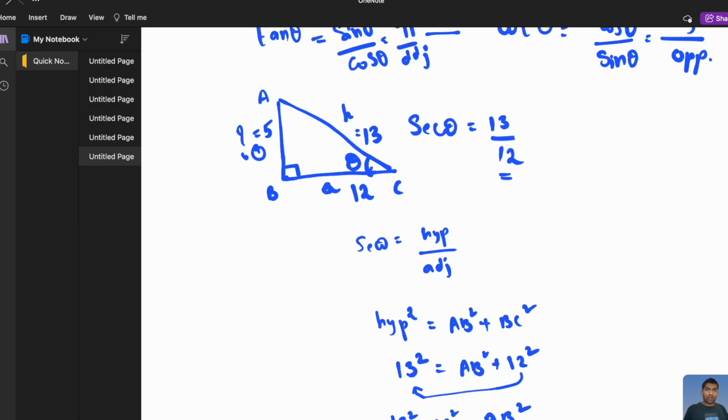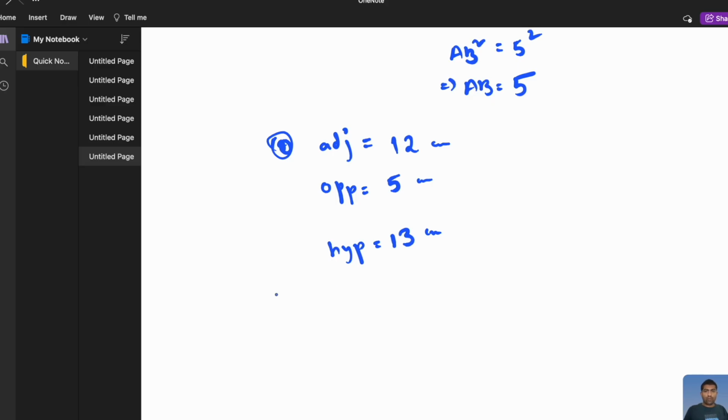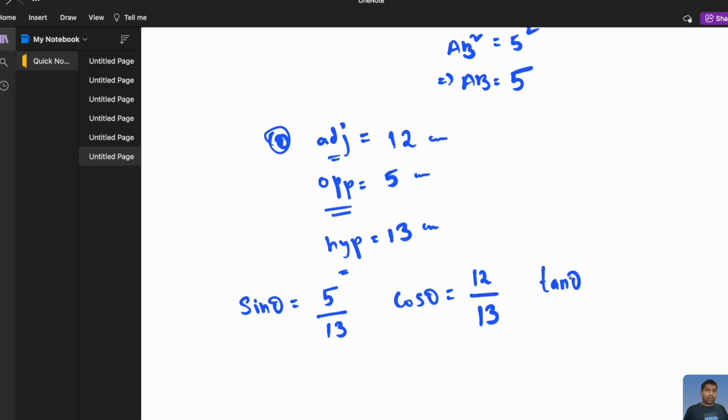Now let's calculate all the trigonometric ratios. First, let's start with sin theta. Sin theta is nothing but opposite by hypotenuse. Opposite is 5, hypotenuse is 13. Cos theta is adjacent by hypotenuse. Adjacent is 12, hypotenuse is 13. Tan theta is sin theta by cos theta, that is opposite by adjacent, 5 by 12.